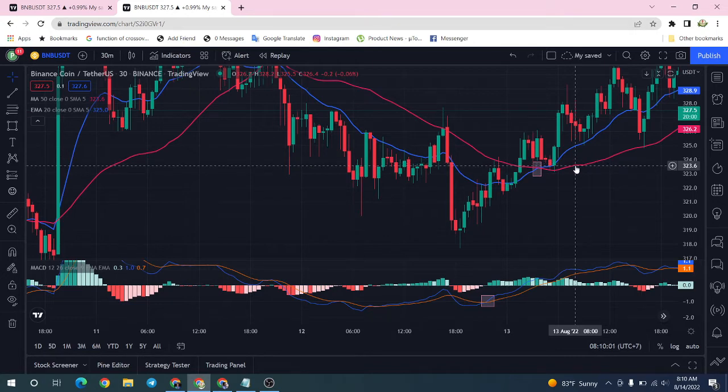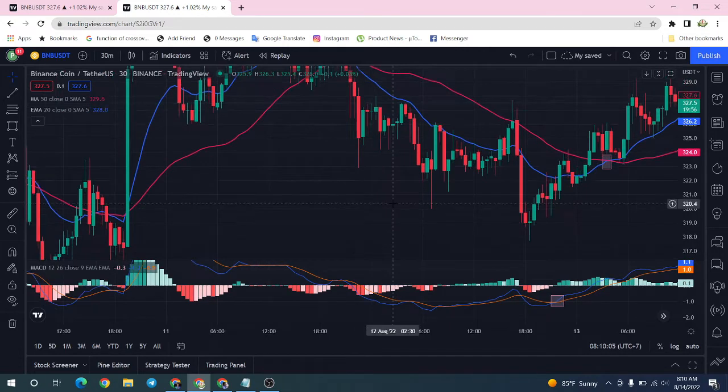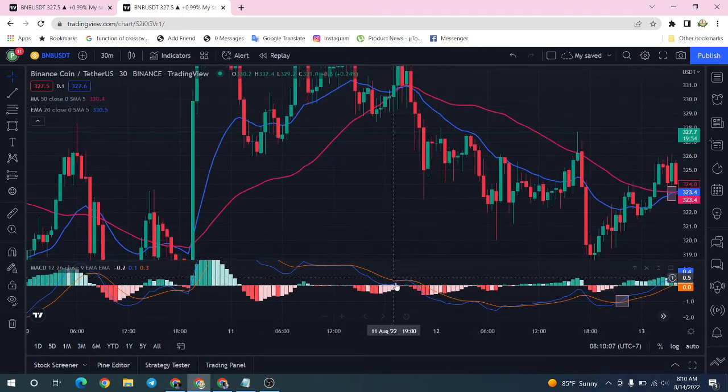MA 50 below EMA 20 is going up. And here this confirms at the same time. Orange above the blue, it's going down. This is MA 50 above EMA 20, going down.